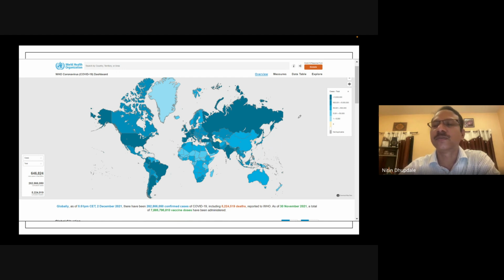Okay, so this was like darkest blue, Russia and then USA. So this was quite well known, how this COVID picture was changing rapidly over a period of time. So this is a wonderful use of GIS in public health.